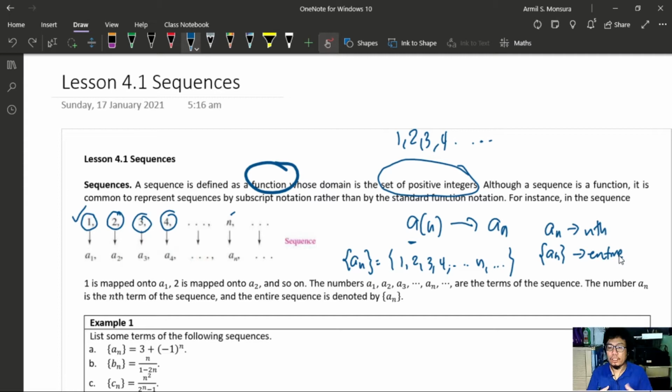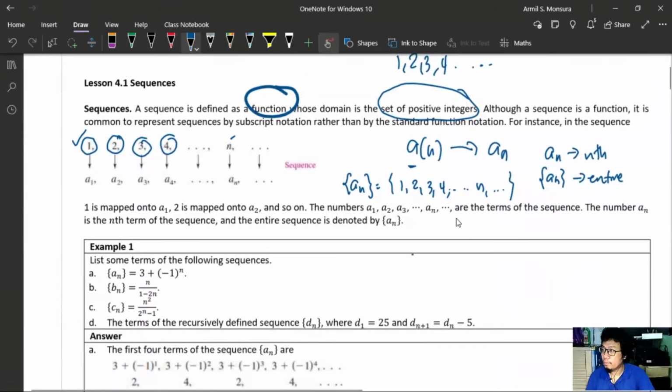But if we are talking about just the nth term, the term that is mapped onto a particular value of n, we will simply use a sub n as its notation.